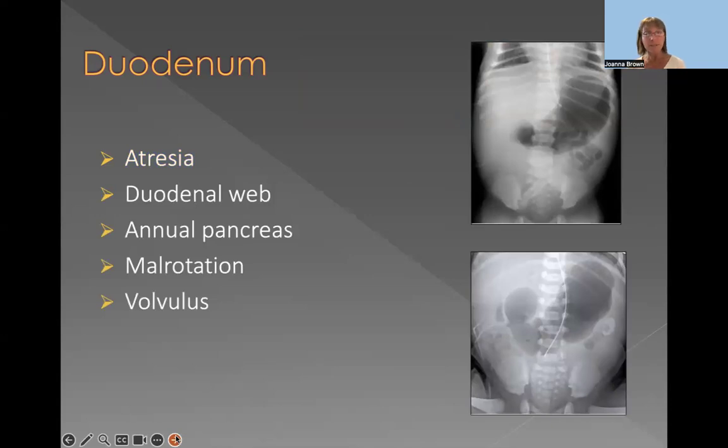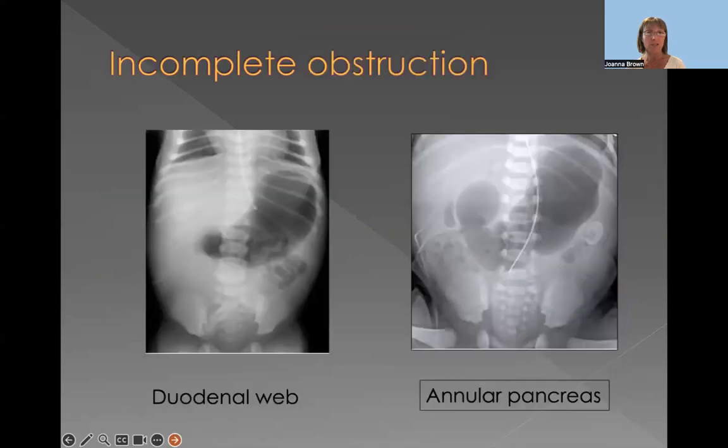This is a slightly different appearance. Look at these babies. Again, you have a dilated stomach and dilated part of the duodenum, and the same in the other baby. But here you can see air in the distal part of the small bowel. It means that it is not a complete obstruction, and it will be caused by something other than duodenal atresia.